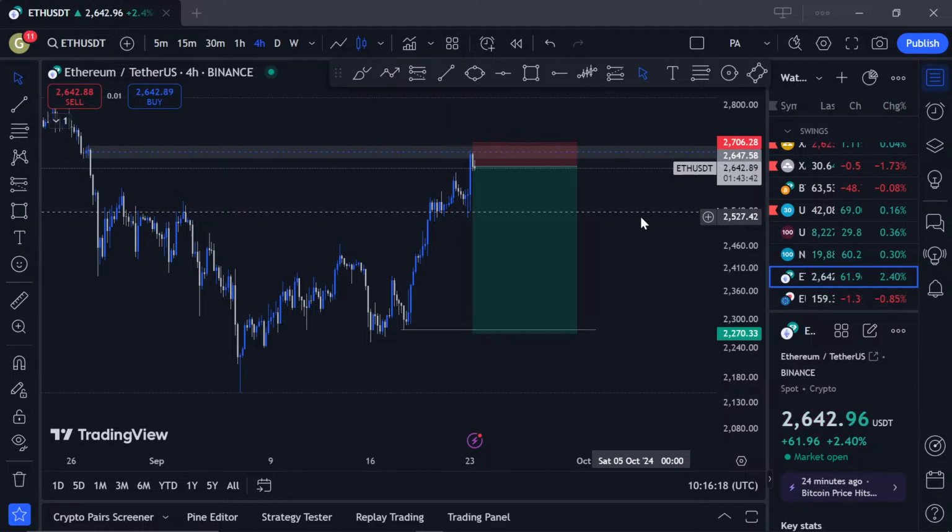Take profit at 22.70. Okay. So Ethereum successfully shorted on all my accounts. So let's see how it goes on Ethereum. Now moving on to the next market.